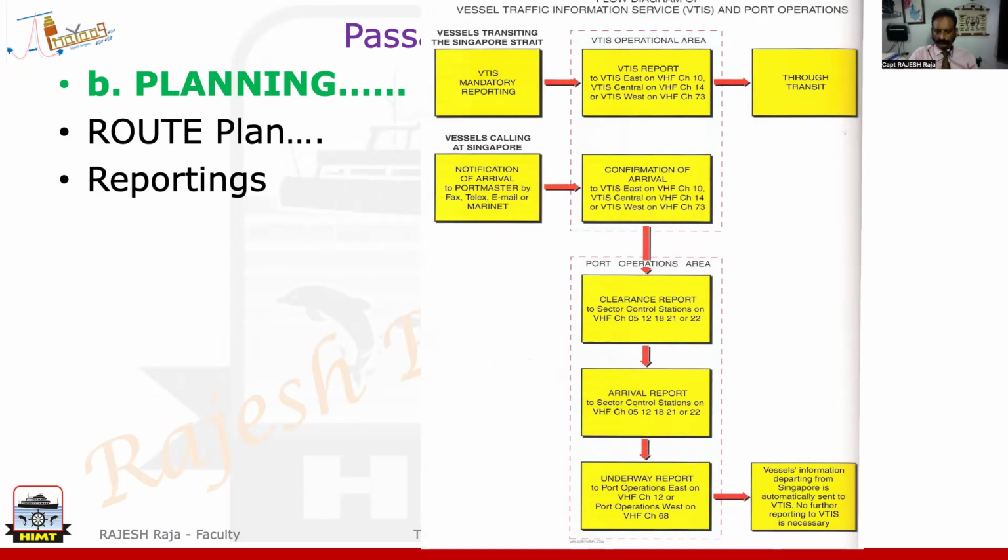You don't have to go into detail right now. I'm just showing you a sample of it. You can see each area sector. When you change, you'll have to change your VHF channels. For the normal passage it was different, for port operation it was different, and for Singapore port operation it was different.